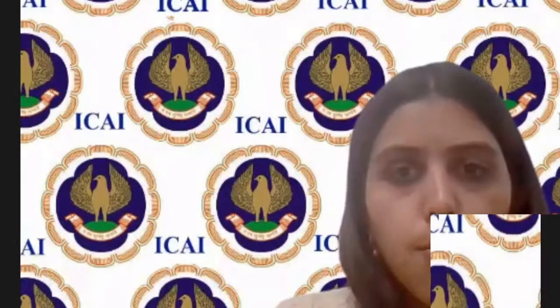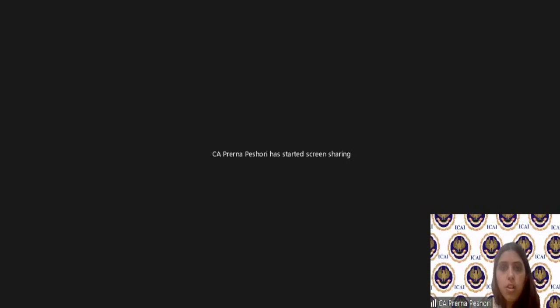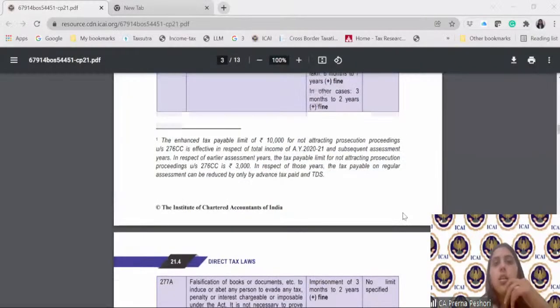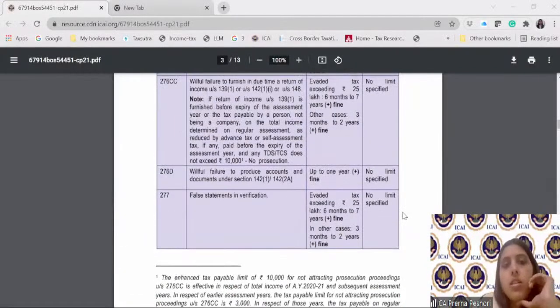So let me take you to more prosecutions which are given for the syllabus. Then there is willful failure to produce accounts and documents under 142(1), 142(2A). So if you do not produce accounts, if you do not go for special audits, then prosecution could be up to 1 year. So if a question is asked regarding non-compliance of notice, then you can write that there can also be a prosecution. As you have done, there is a penalty also for that.